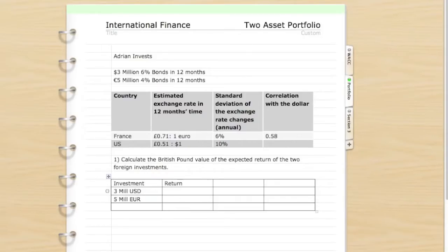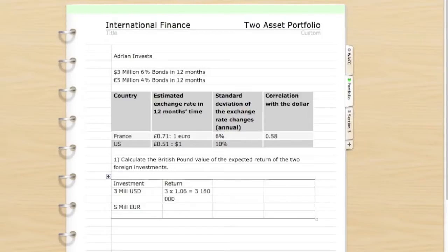His return is going to be, so what we want to do now is take the investment times the 6%. So we say 3 million times 1.06, which is the same as saying 3 million times 6 divided by 100. So that's going to give us a return of $3,180,000.